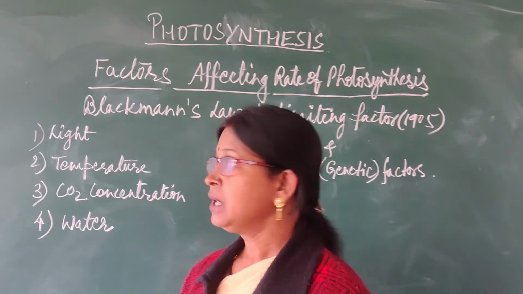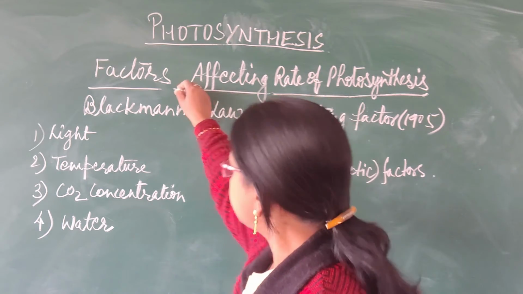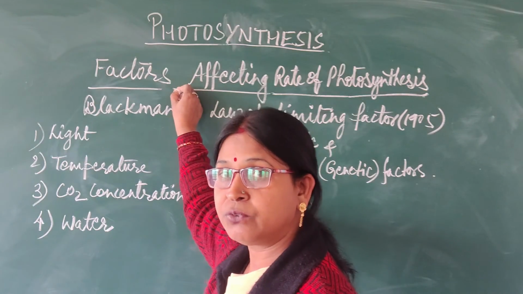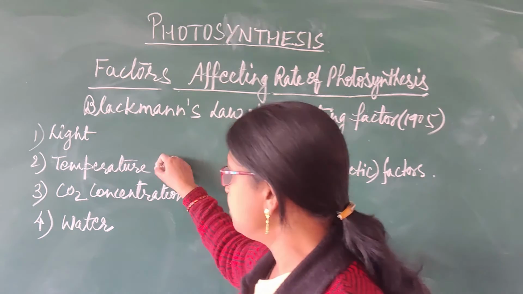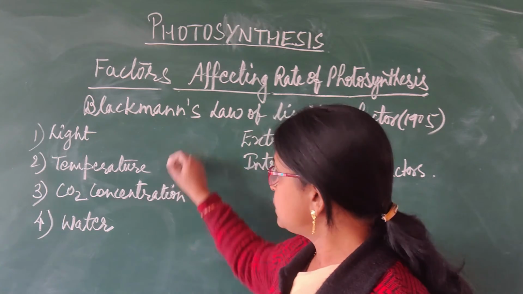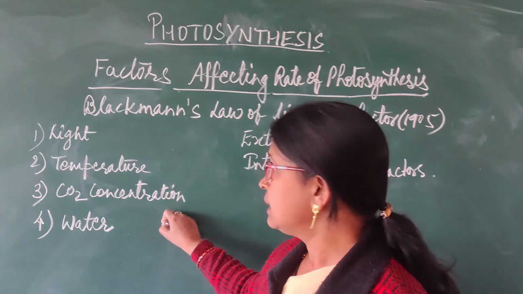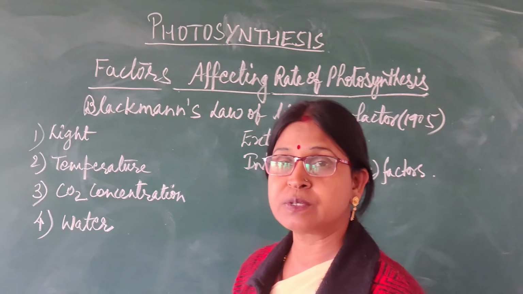For example, in case of photosynthesis, the factors affecting the rate of photosynthesis are light, temperature, CO2 concentration, water, etc. Then whichever of these factors is in the lowest quantity or slowest will decide the rate of photosynthesis.